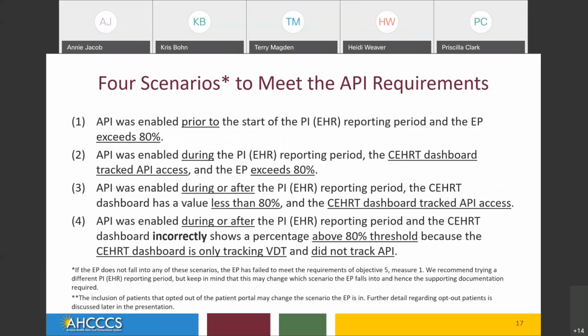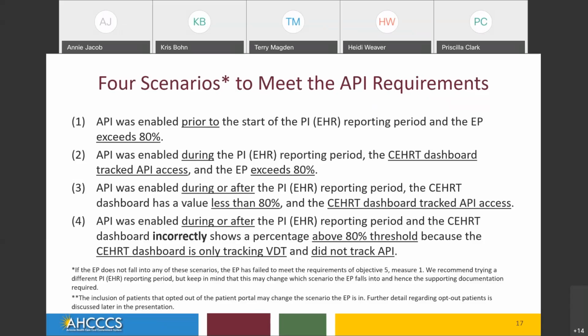There are 4 scenarios to meet the API requirements. First scenario is API was enabled prior to the start of the PI reporting period, and the EP exceeds 80%. The second scenario is when the API was enabled during the PI reporting period, the Cert dashboard tracked API access, and the EP exceeds 80%.